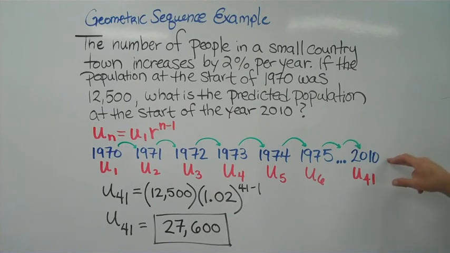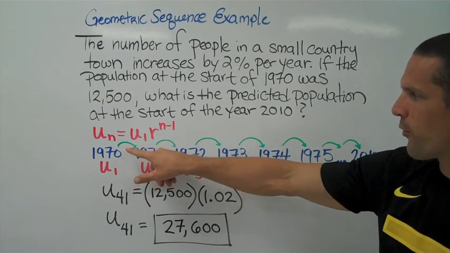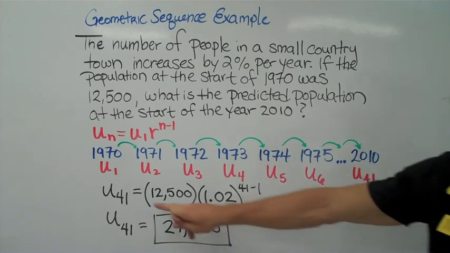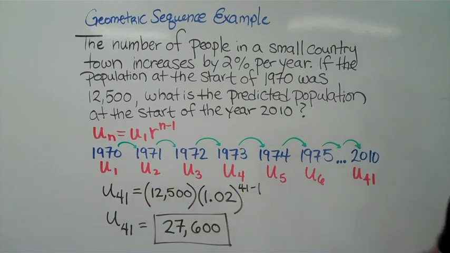So at the beginning of 2010, we have U41, which means we took n minus 1, 41 minus 1 is 40 jumps. To go from 1970 to 2010, you need to go forward the number of years, which is n minus 1, 40 jumps. That will leave us at U41. That's the key, because we're going to go 41 minus 1 is 40 jumps.